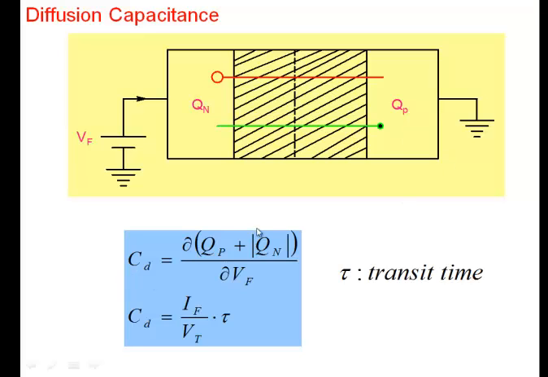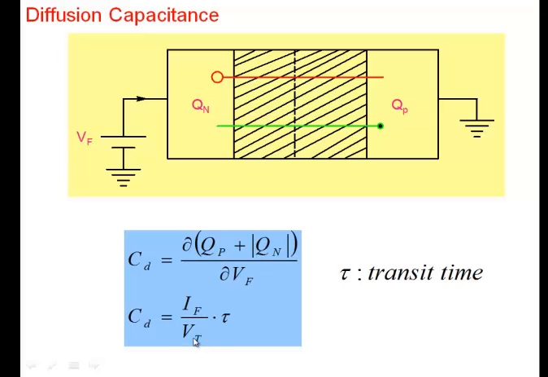And diffusion capacitance will be, again, the rate of change of charge with respect to voltage. That's how we define diffusion capacitance. And one can show the diffusion capacitance is directly proportional to the current. Because note that current results from injection of charge, and capacitance is also due to that same charge. So one expects a relationship. So diffusion capacitance CD is equal to IF, the forward current, times tau, divided by VT.